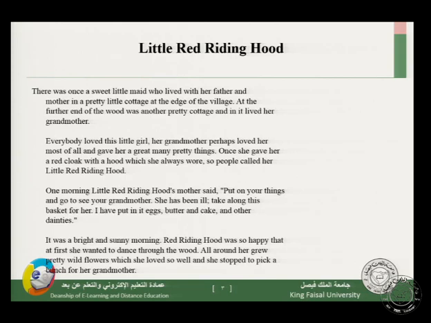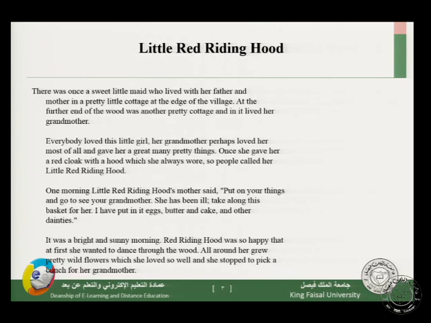Her mother sends her to visit her grandma and to take some food with her. But in order to get to her grandmother, she has to go through the woods, through dangerous woods, alone by herself.